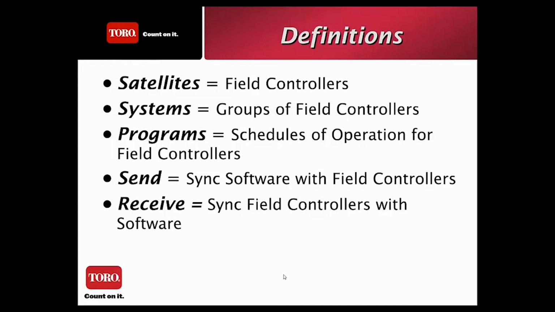Your park department has 4 different areas in the city, and you might have a weather station or weather source that affects the north side, another one that does the south, east, and west. Well, you could create 4 different systems and have these weather stations do functions related to only those controllers that are in those areas. If you wanted a system that grouped everything, which most people do, you could have a 5th system that says citywide controllers. So it's a way of organizing what you've got out there.